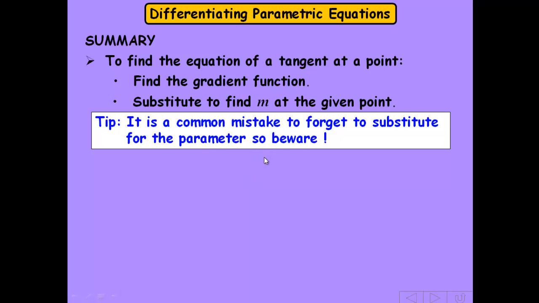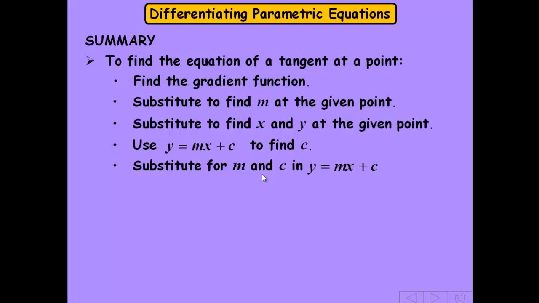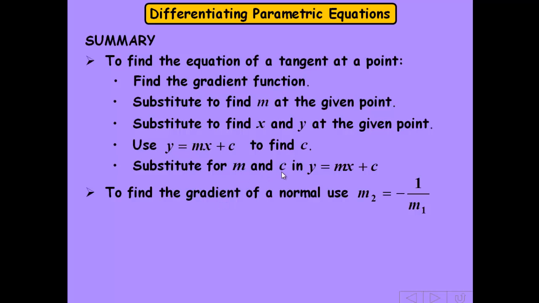Be careful, make sure that you do this. Then to find the c value, we use x and y at a given point, so again use that t value to find y and to find x. Stick the y, the x and the m in to find c, and then sub back in the m and the c into y equals mx plus c.